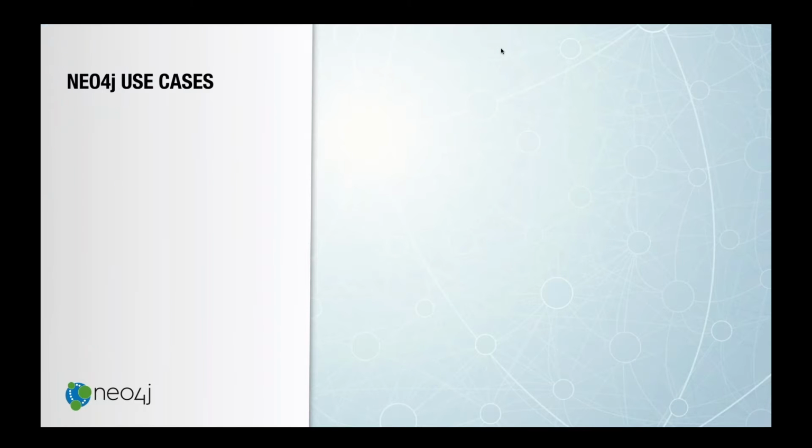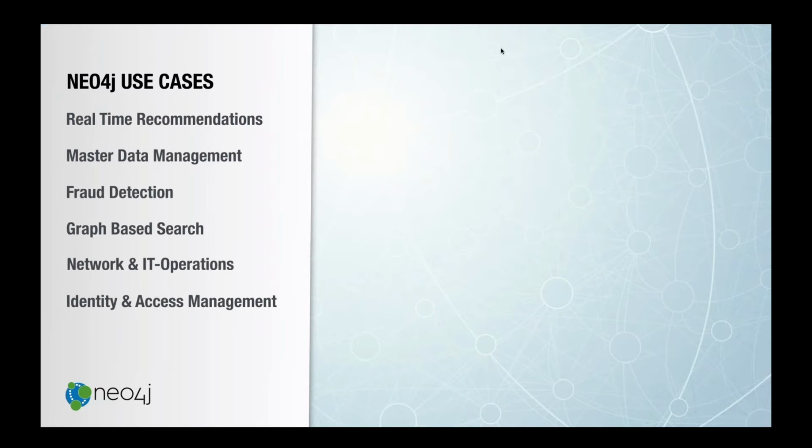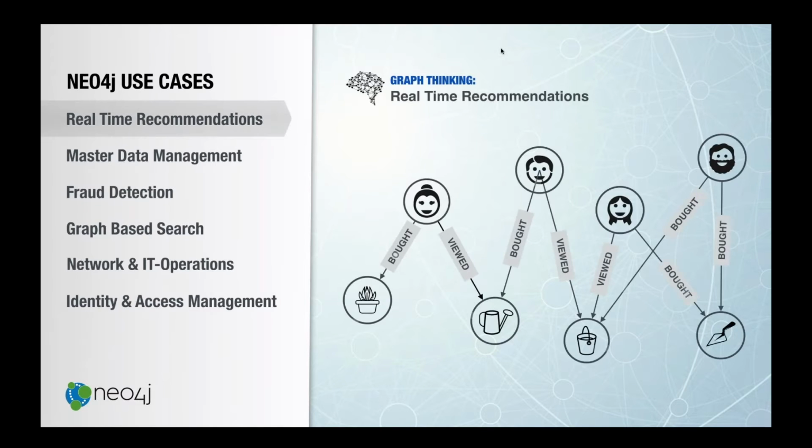So let's talk about some common use cases for Neo4j. These are, at a high level, some of the most common use cases that we see folks using Neo4j for. It's certainly not the exclusive list, but let's dive into a few of these. The first is real-time recommendations.